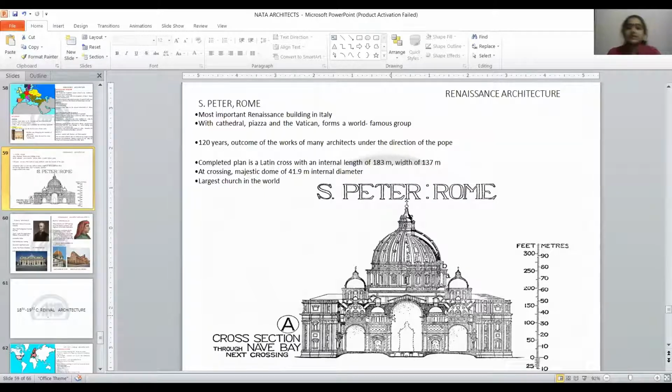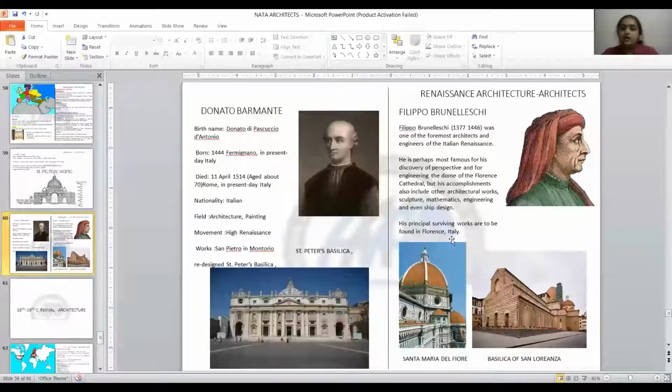The first and most important architect of this period was Filippo Brunelleschi. He was a very famous architect, and the cathedral which he built was the Santa Maria di Fiore. He was one of those who took the Renaissance to another level.